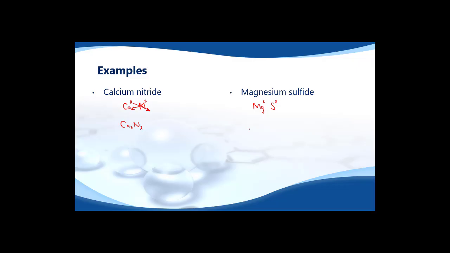And then 2 and 2, well, 2 and 2 can reduce down, right? I can do 1 and 1, and I would drop and swap, but we're lazy, so we don't write 1s. And we just wind up with MgS as the formula for our compound here. So that's all there is to doing drop and swap. It's that easy.